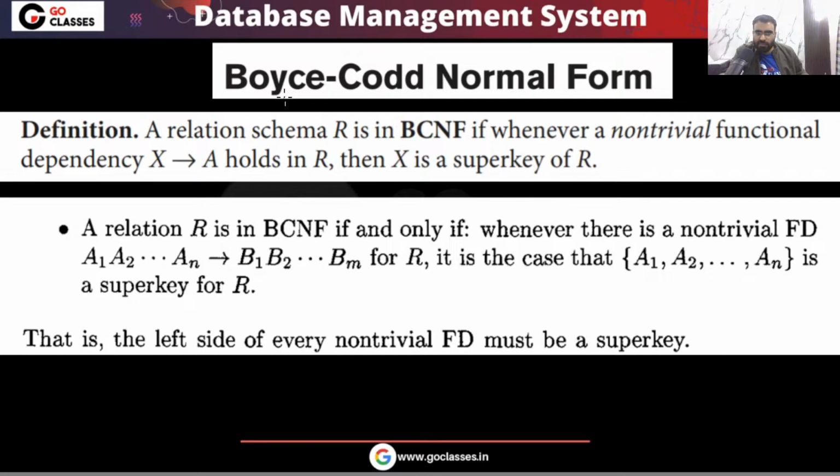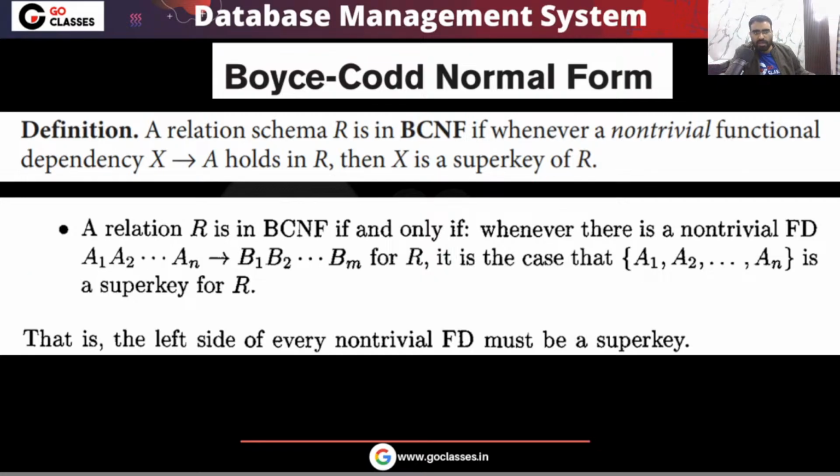Now you tell me one thing. In the BCNF normal form, can functional dependency create redundancy? The answer is no. Because remember, in the BCNF, either we have a trivial functional dependency, and you know that a trivial functional dependency will never create redundancy.